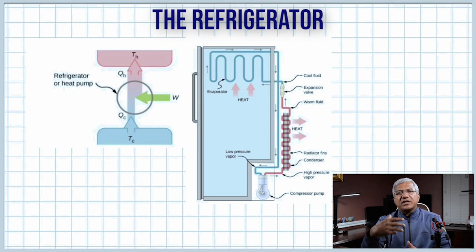But in order for any liquid to change into a vapor or a gas, it requires its latent heat. So it takes the latent heat from the food in the freezer while it passes through these tubes, as you can see.